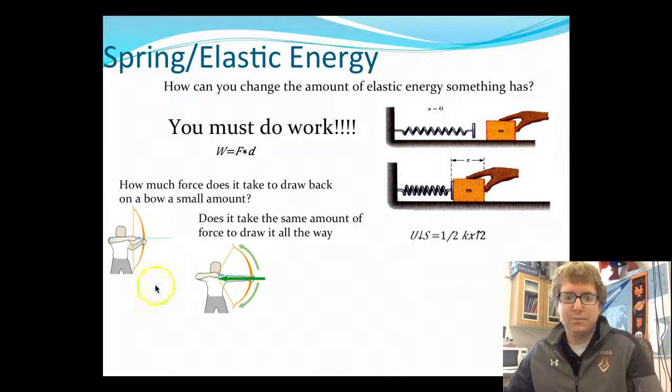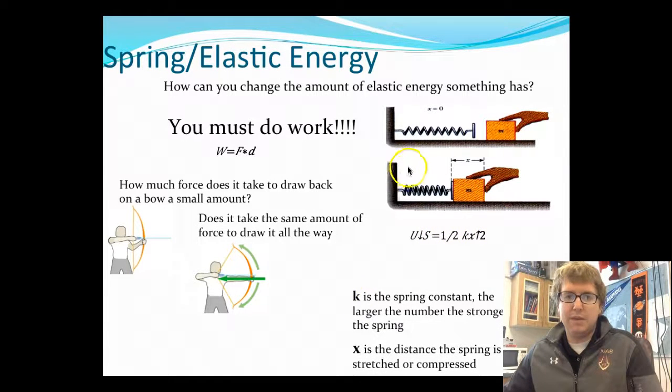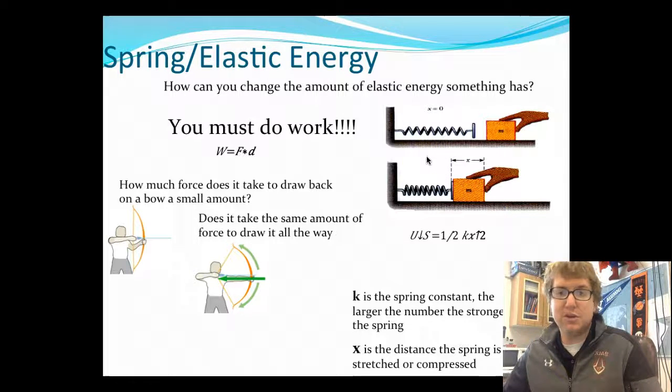So the work in this situation is much more than the work in this situation. There's our equation, the potential spring equation: 1/2 kx squared. Remember, k is the spring constant, so the stronger the spring, the bigger the number. A bigger rubber band is going to have a bigger k than a smaller rubber band.